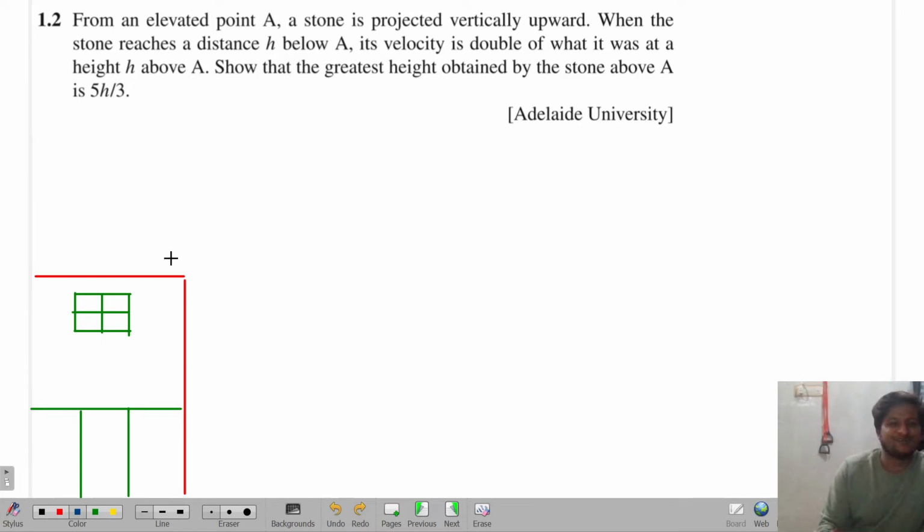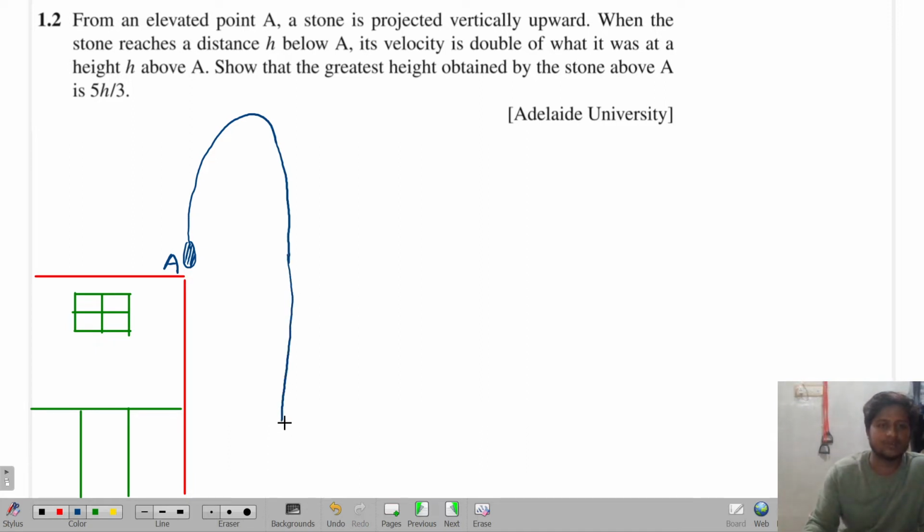Okay. So what is happening from an elevated point A? Let's suppose this is elevated point A, meaning this particular roof of this house is called point A, which is height h from the ground level. I'm throwing one ball. This ball is going upward. After that, the ball is coming down. Got it or not?